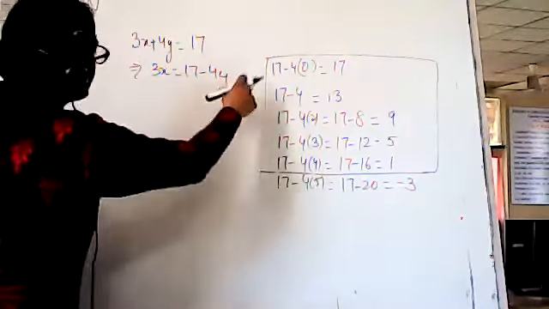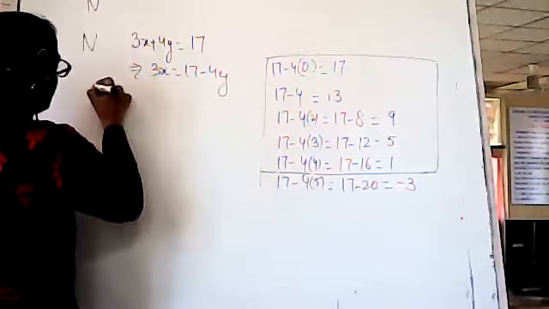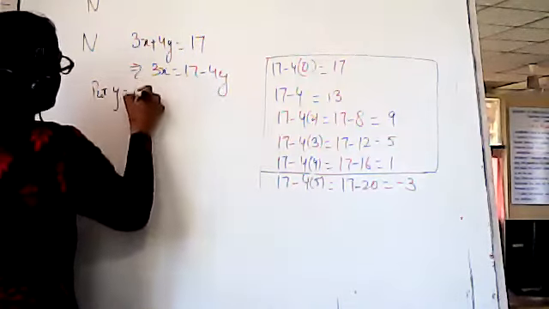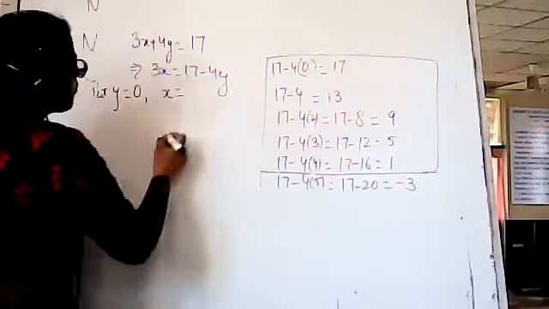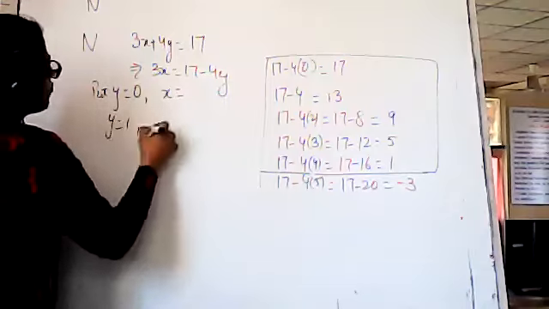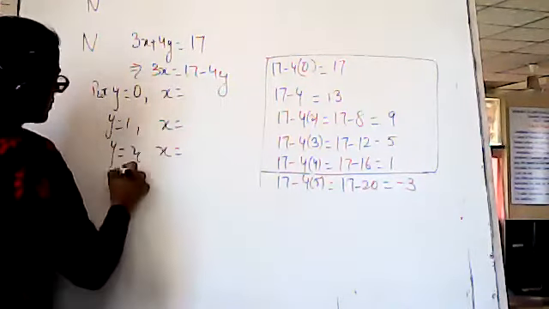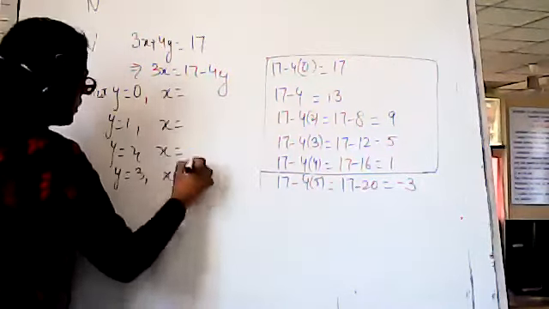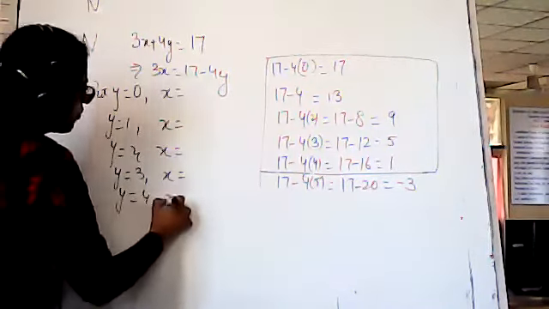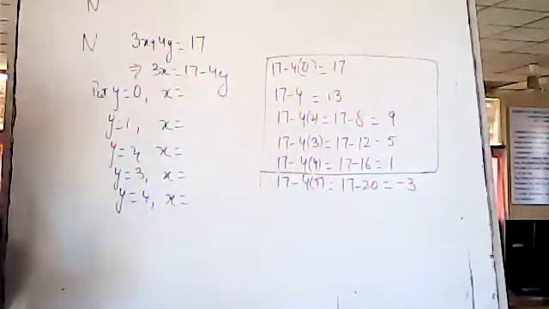So using these terms, find the value of x. Put y equals 0, find the value of x. Put y equals 1, find the value of x. Put y equals 2, find the value of x. Y equals 3, find the value of x, and y equals 4, find the value of x.